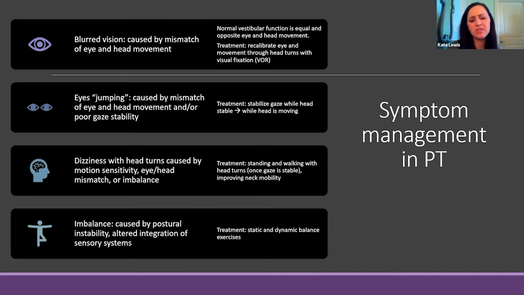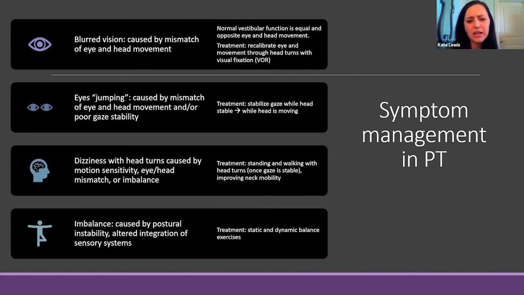If somebody's complaining of dizziness with head turns caused by motion sensitivity, that eye and head mismatch that we talked about, or imbalance, we work on the things that I just talked about, but then we also work on standing and walking with head turns, as well as improving the neck mobility. If somebody has imbalance, unsteadiness, frequent falls or near falls, those definitely count.